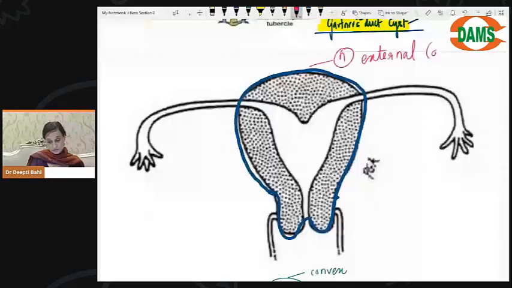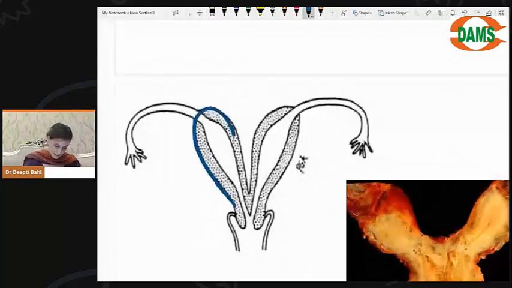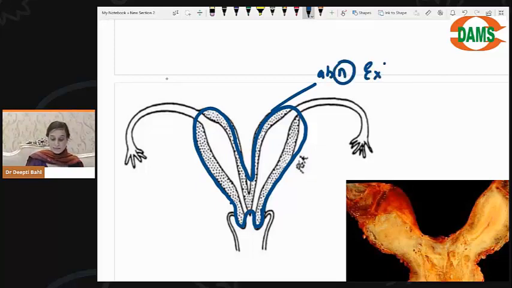Okay, now be careful. Look at the uterus on your screen now. What is the external contour? So this is abnormal external contour.